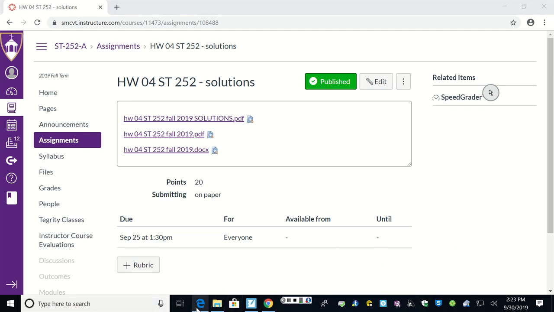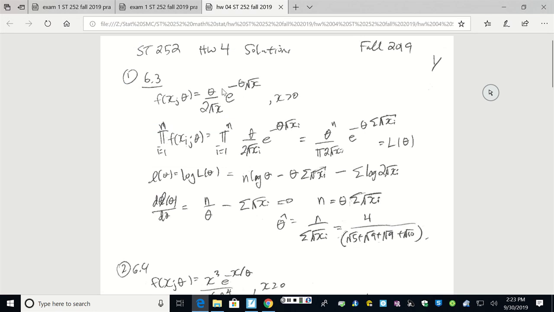But in these solutions, here's this first one, and I just follow the same pattern of writing down. I want the product of all the densities. I copy the density in here with the x of i's, the thetas combined. You could do 2 to the n, and then you'd have a product of these square roots. Up in the exponents, you get a sum of the square roots there.